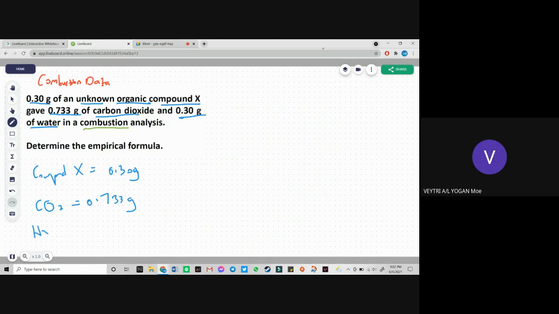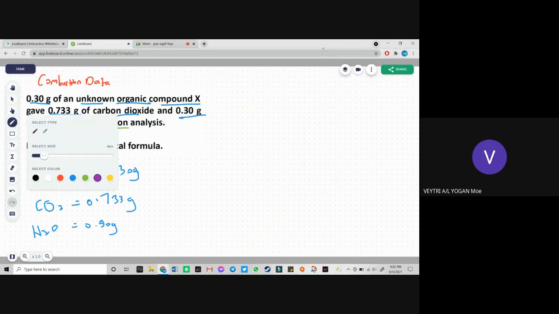Now, H2O kan water, 0.30 gram. Okay, now, if you guys have a look at this properly, how would you actually process, analyze, and answer these kind of questions? You guys know very well. Dua-dua belah sini ada oxygen, sini pun ada oxygen. So it's very difficult for you guys to calculate oxygen.